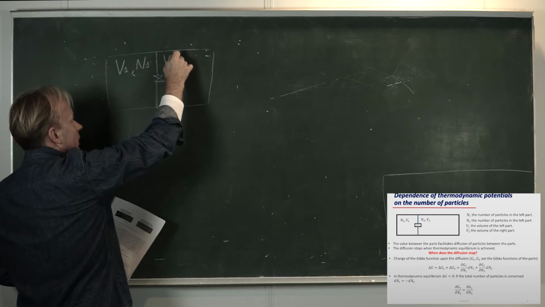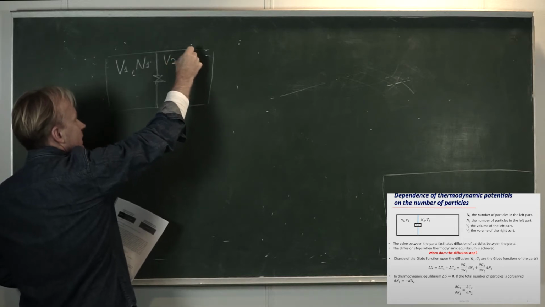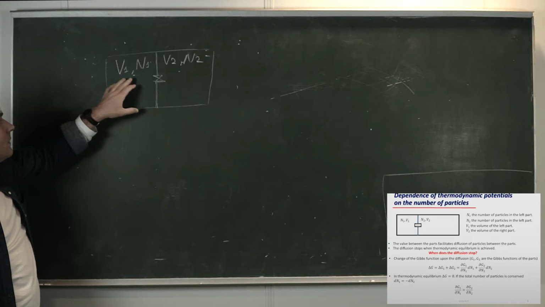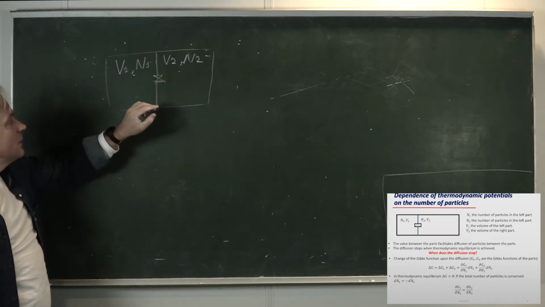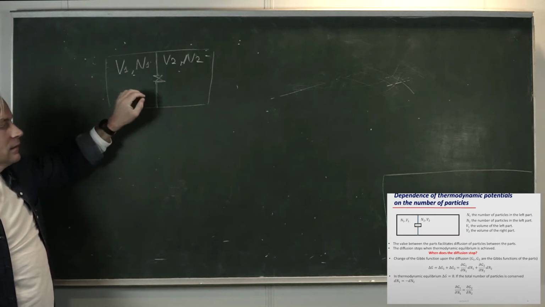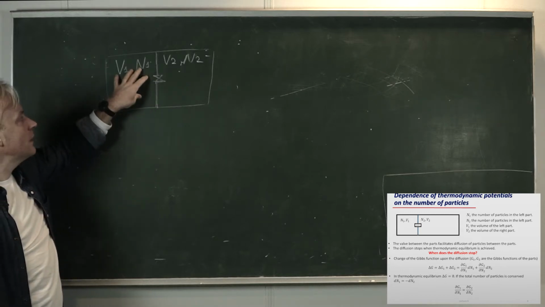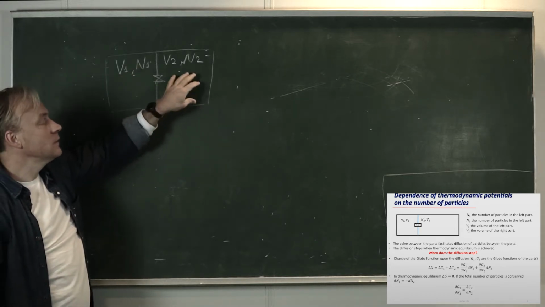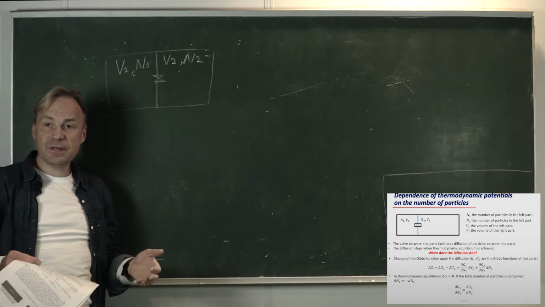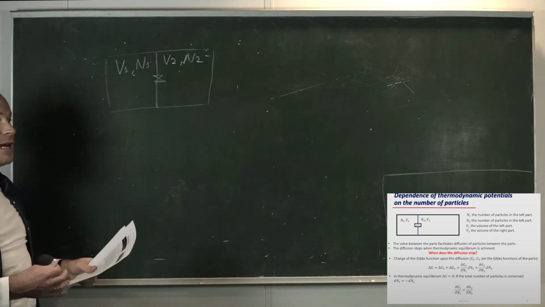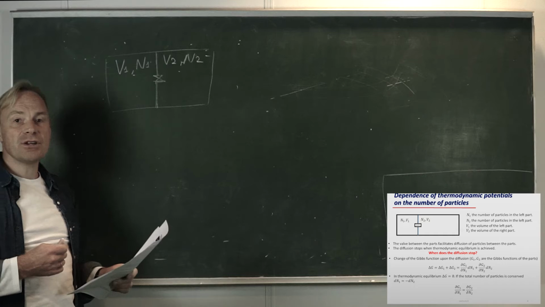On another side, I have volume 2 and number of particles for the gas n2. And I know that under certain conditions, if I open the valve, particles will diffuse from one part of this volume to another part. This phenomenon is called diffusion. So diffusion aims to equilibrate concentrations of particles.